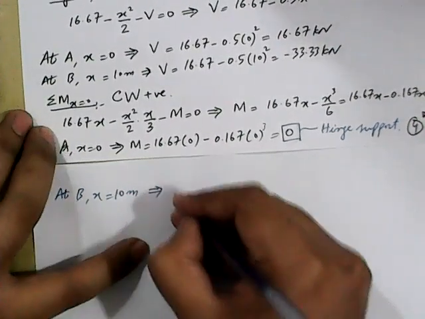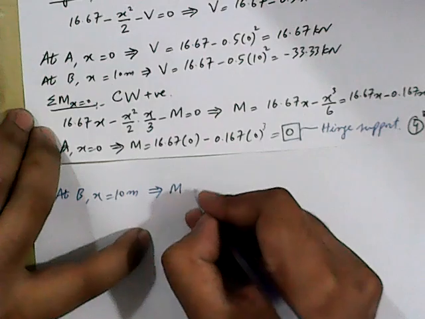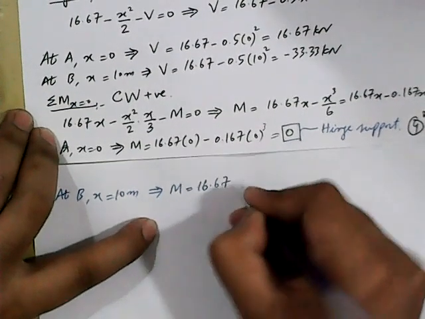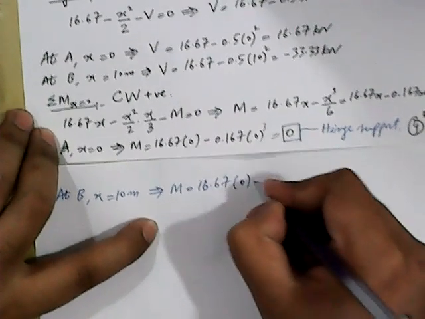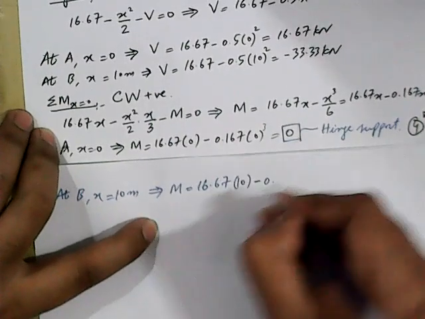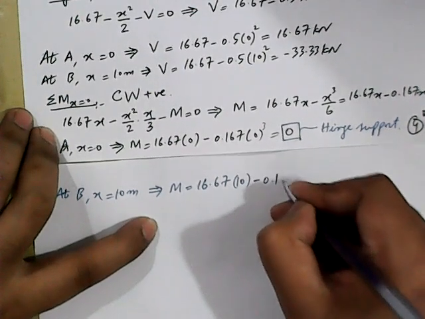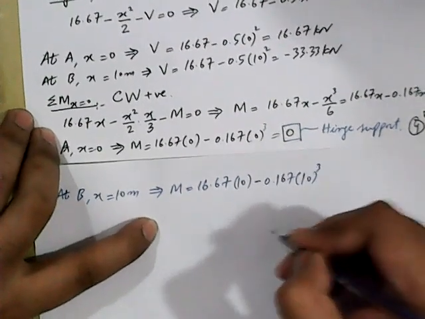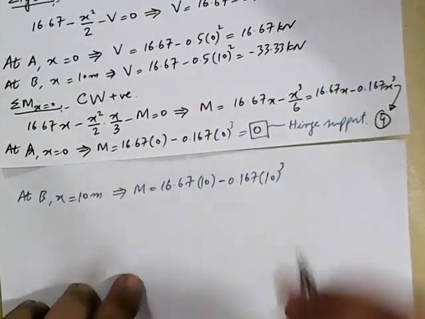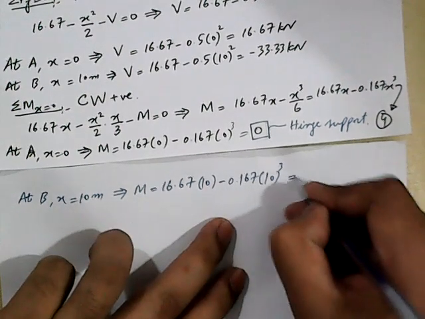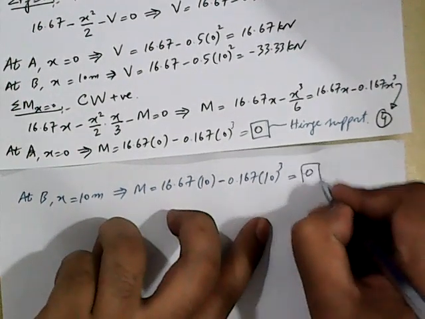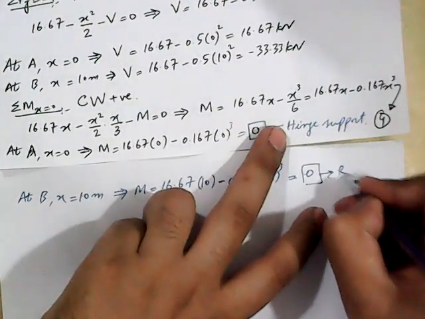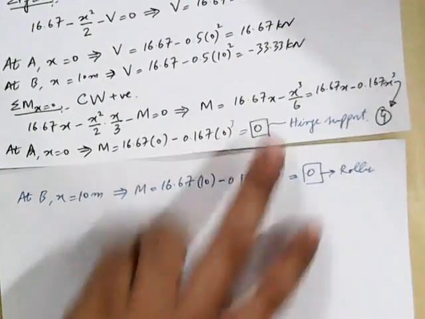So this implies m will be equal to 16.67 into 10 minus 0.167 into 10 cube. And if you solve this, you will again get 0, and this 0 is logical because we have a roller support at this point.